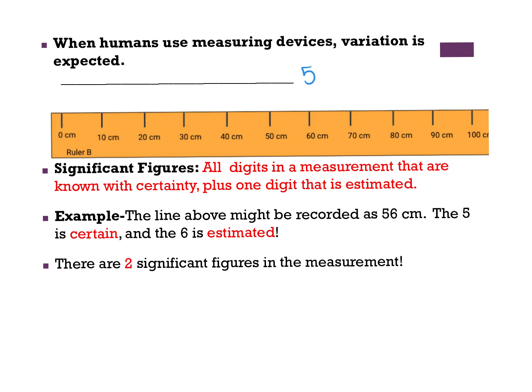So on the previous slide, we said this line was 56 centimeters in length. Okay. Are we certain that it's for sure 50 something? We're certain about the 50. Did we have to guess on the 6? Okay. So that's all significant figures are. So it's all the digits I know with certainty plus one more that I'm estimating. Okay.